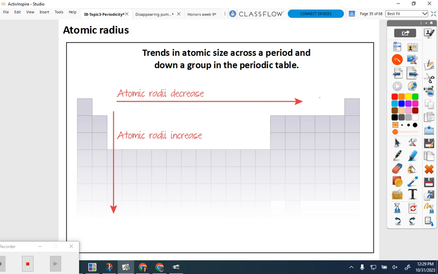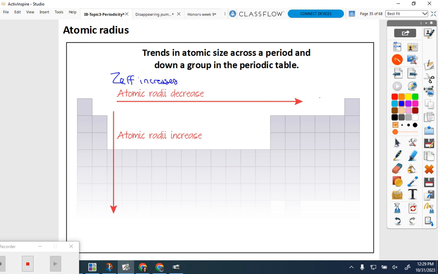So atomic radius, we talked about in honors chemistry, pretty straightforward. It just has to do with the number of protons and the number of energy levels changing. You might also want to write why. You could write, for example, as we go from left to right, the effective nuclear charge, Z effective, increases.